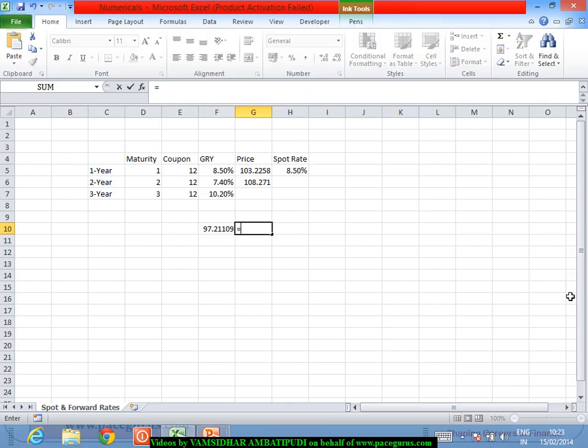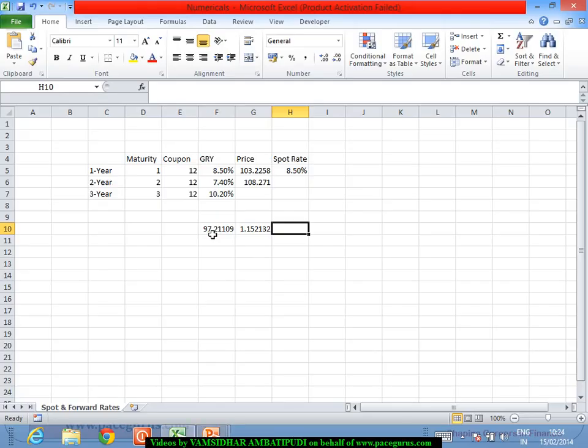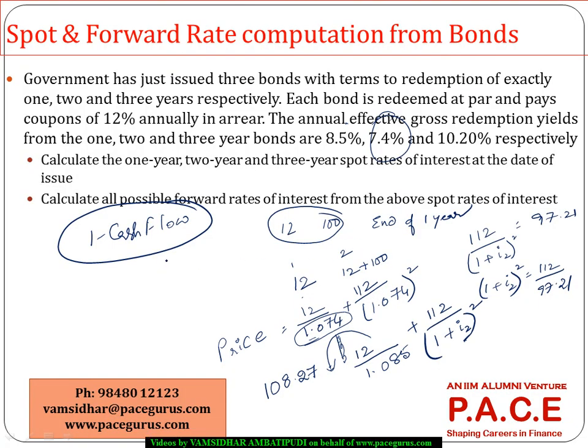So that is 112 divided by 97.21, which is 1 plus I2 squared. Taking the square root gives me 1 plus I2, and subtracting 1 gives me I2. So I2 in this case is 7.34%.